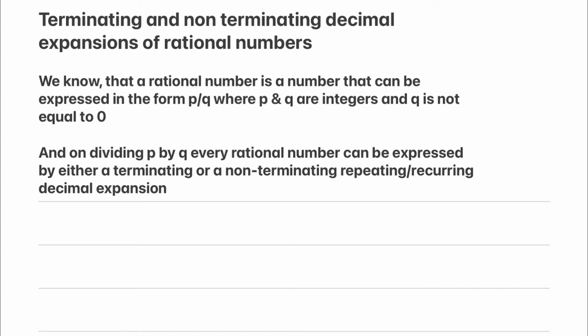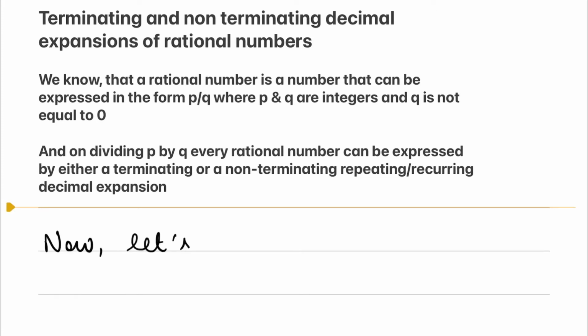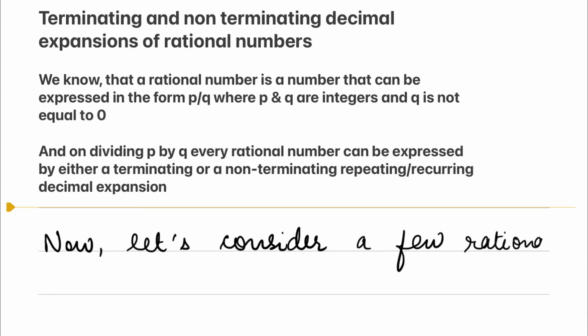And on dividing p by q, every rational number can be expressed by either a terminating or a non-terminating, repeating or recurring decimal expansion. Now let's consider a few rational numbers.